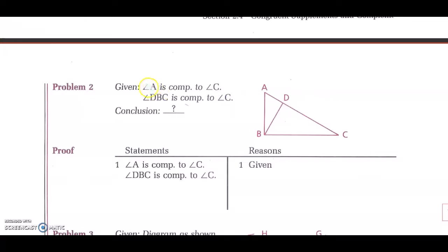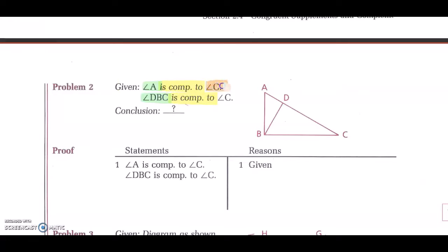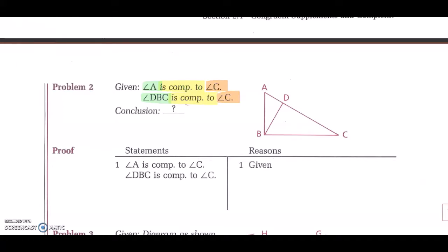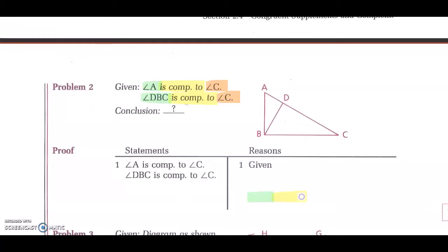Well, if angles are complementary to the same angle, and again, angles that are complementary to the same angle.